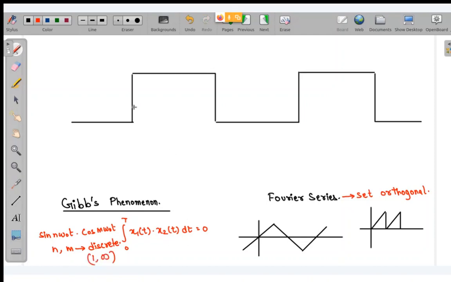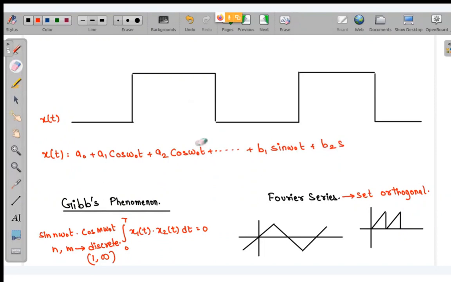This is basically the Fourier series: if we have this square wave denoted by x(t), I can denote x(t) as a naught plus a1 cos omega naught t plus a2 cos 2 omega naught t, like this till infinity, plus b1 sine omega naught t plus b2 sine 2 omega naught t, b3 sine 3 omega naught t, and so on and so forth.